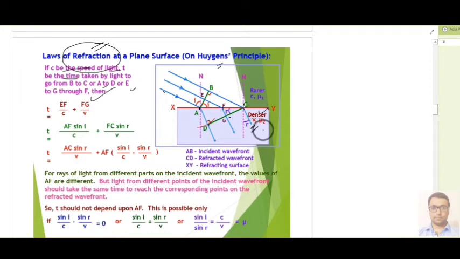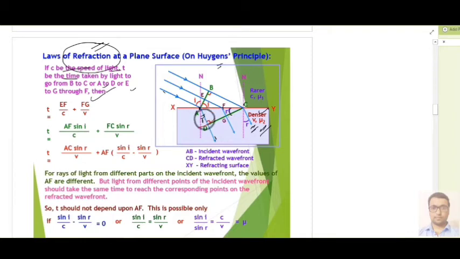Here its speed is V and refractive index is mu2. At this point we know that this wavefront is always perpendicular to the incoming rays, so we can say that this incident ray is perpendicular, and at this point this angle will be the angle of refraction R.